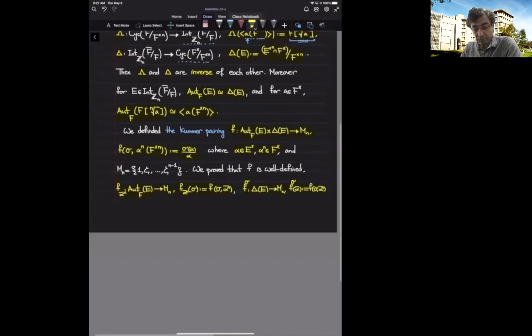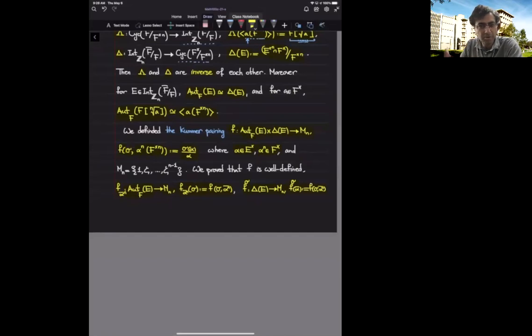Moreover, we proved that if I focus on one component at a time, so let's say I fix the second component and allow sigma to change, then I end up getting a group homomorphism on sigma. If I fix sigma and allow an element of delta E to change, I just allow the second component to change, again, we end up getting a group homomorphism.